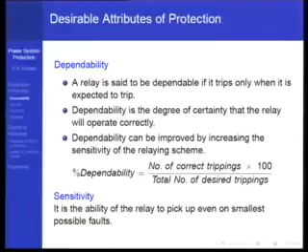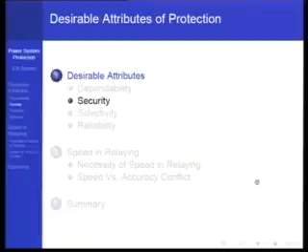This may happen because, for example, a distance relay may underreach or overreach. With an overcurrent protection, you have set it for some fault current, but the earth resistance is higher or the ground fault is of higher magnitude, so it didn't pick up. As I said, one way to improve dependability is to improve the sensitivity, which is the ability to pick up on the smallest possible fault.